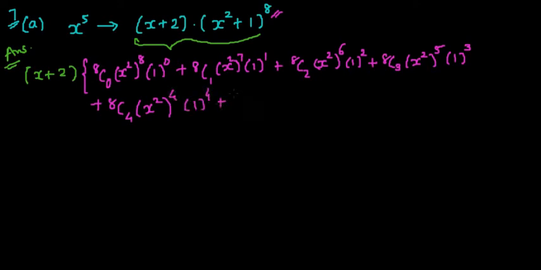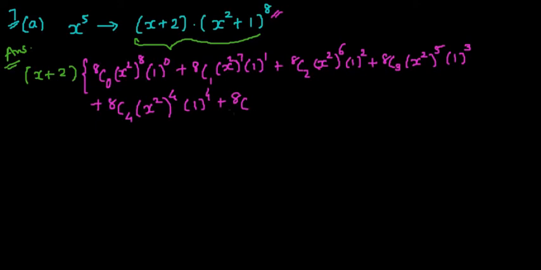Next term 8c3, x square has 8 minus 3, sorry, it's going to be 5 here. I just undo.